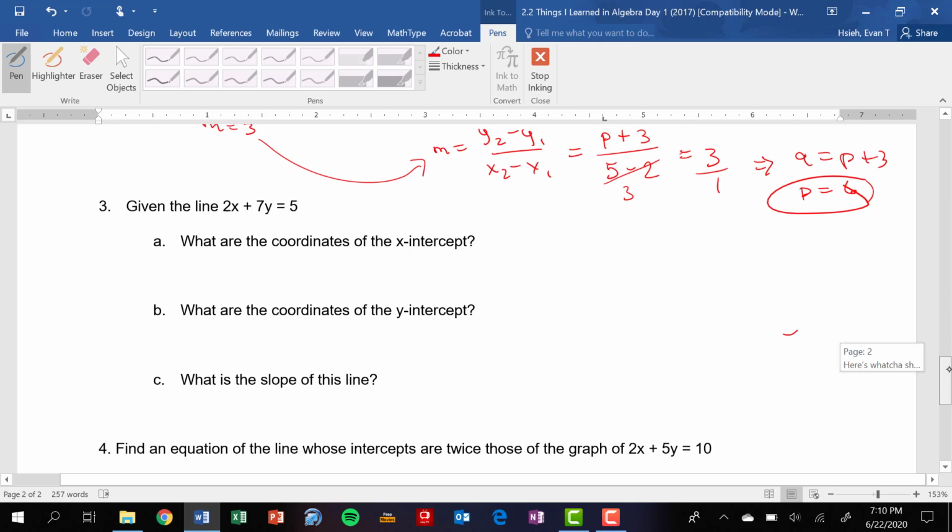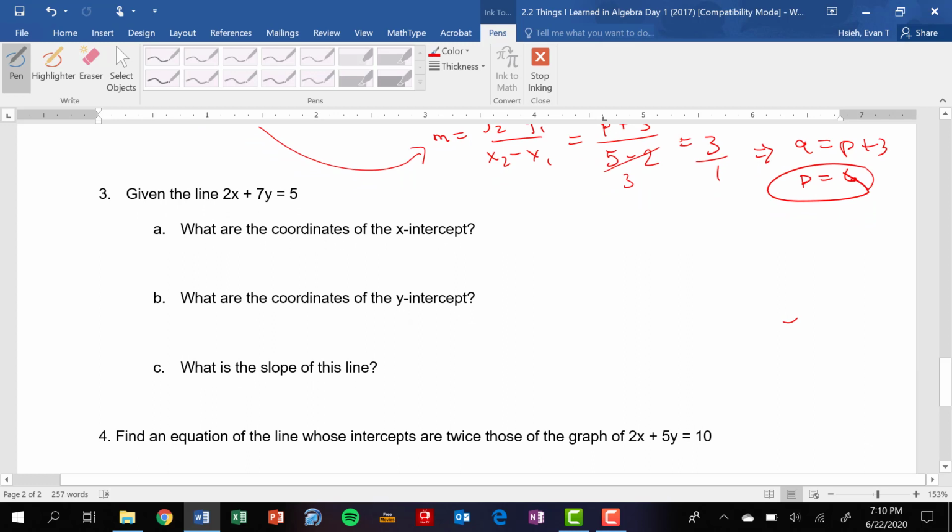Given this line, find the coordinates of the x-intercept. If you remember graphing this thing, or finding x-intercepts, the x-intercept is where it crosses the x-axis, like this. So the interesting thing about this is the y value is always going to be equal to 0.